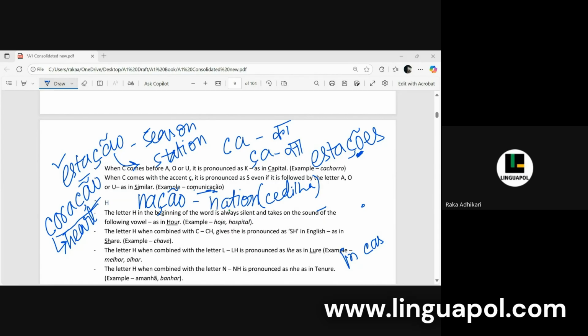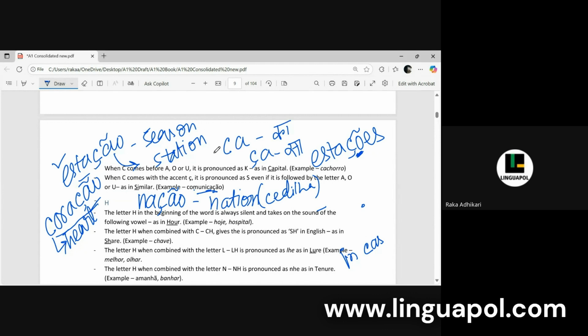There are many words like this which end in -tion in English and become -ção in Portuguese. Just like we have the word nation, nação. Communication becomes comunicação. Station becomes estação. Like this, most of the words that end in -tion give out the sound of -ção in Portuguese.